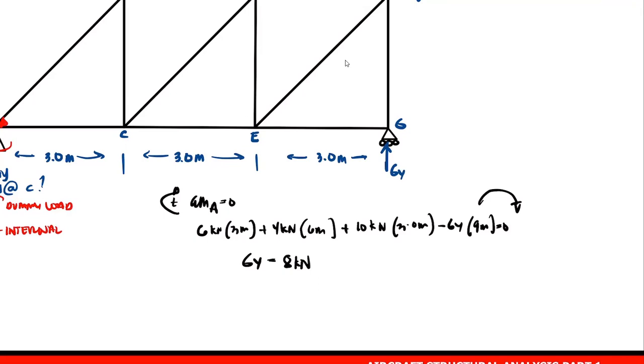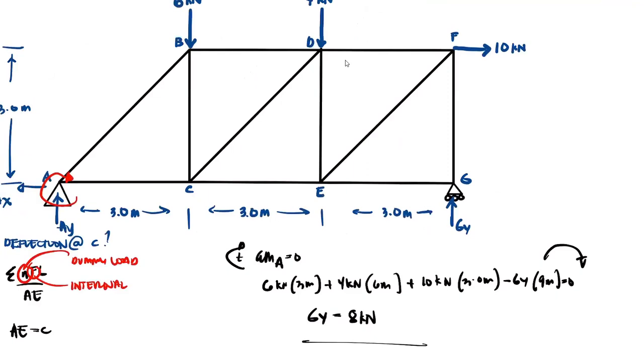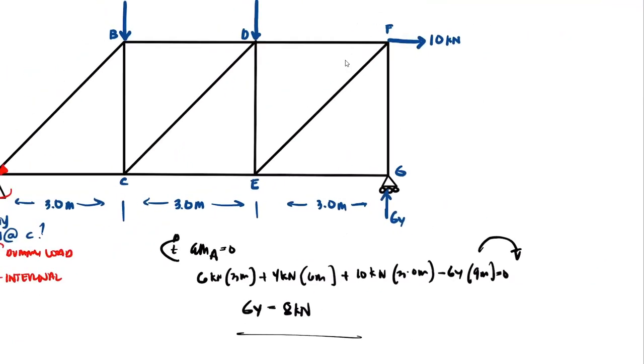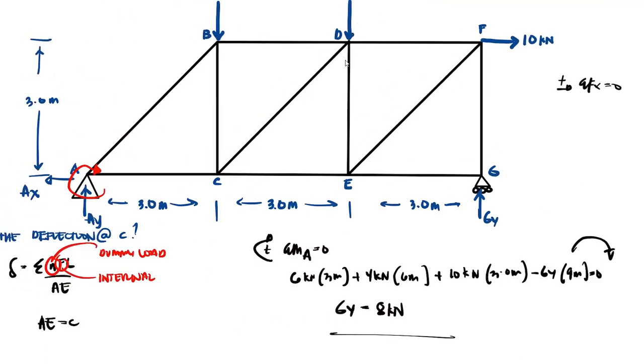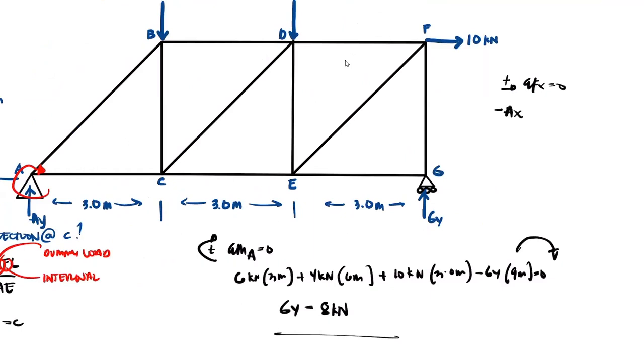Okay, so GY is 8 kilonewton. Para makuha yung AX is gagamitan natin ng summation forces X is equal to 0. Going right is positive. Negative AX plus 10 kilonewton is equal to 0. And AX is equal to 10 kilonewton.